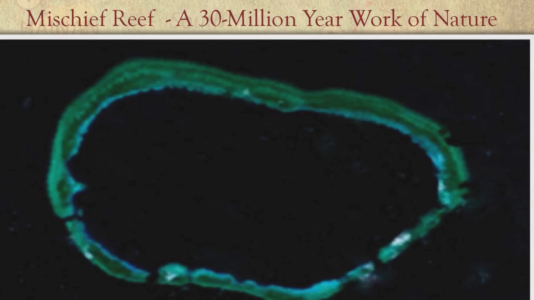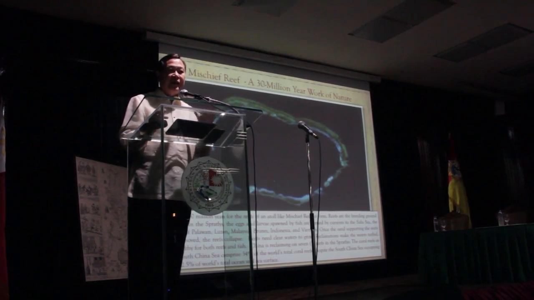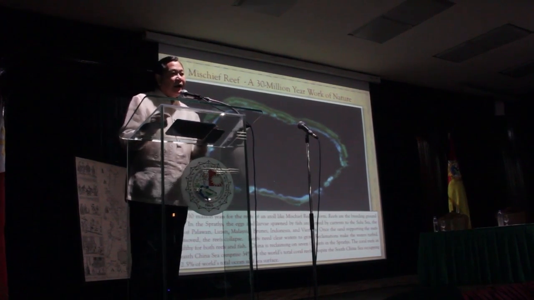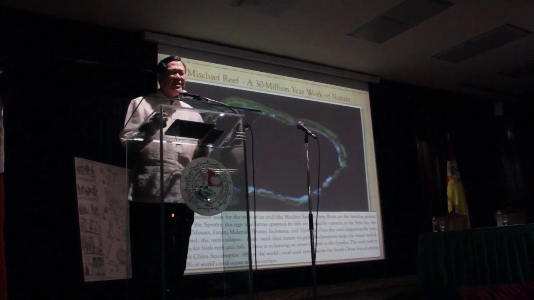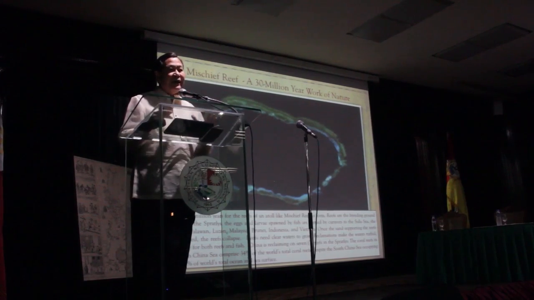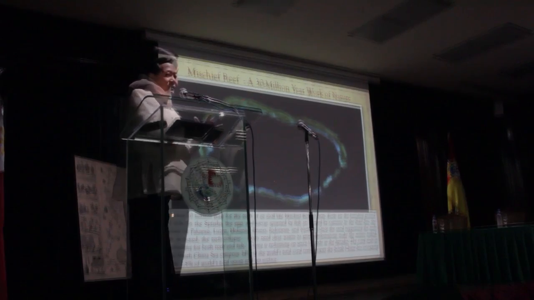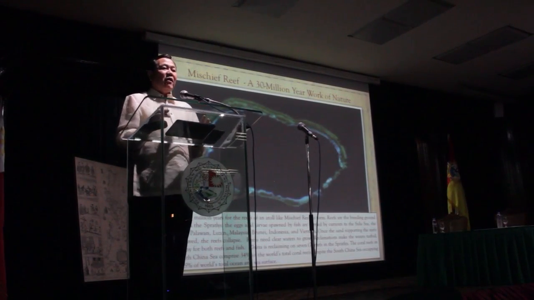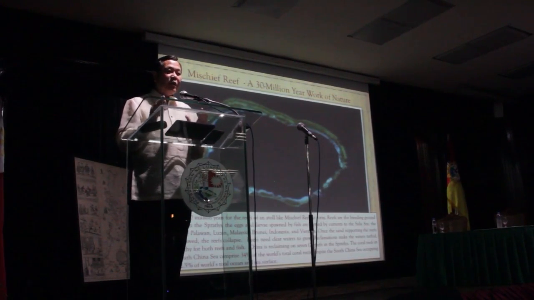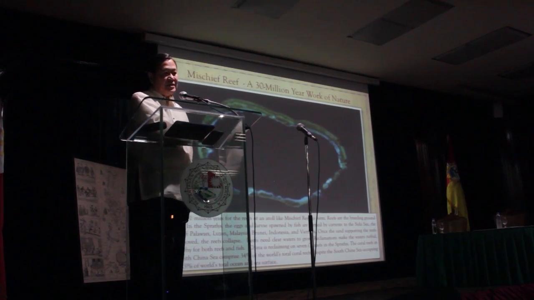That's Mischief Reef. It takes 30 million years for nature to form a reef like Mischief Reef. 30 million years. Man left East Africa only 60,000 years ago. So it's just a blip in the creation of a reef. 20% of the fish we catch in the wild every year breed in these Spratlys.